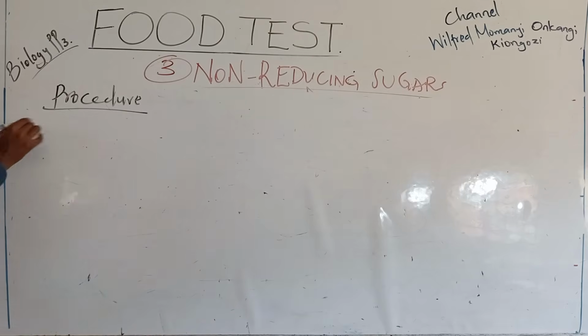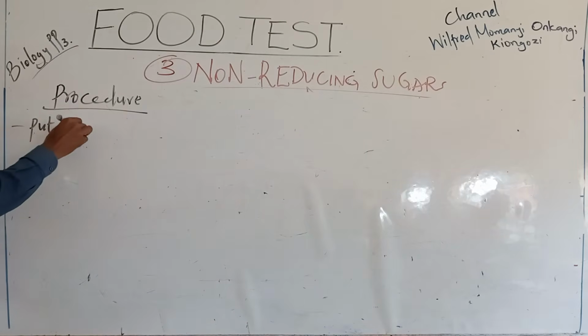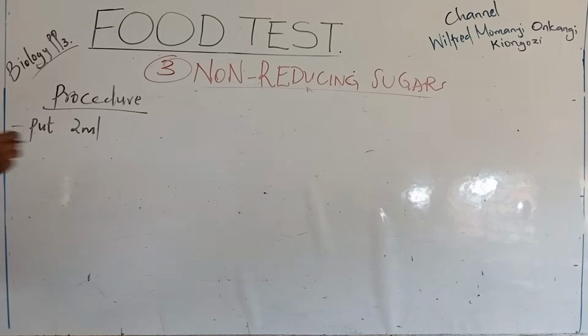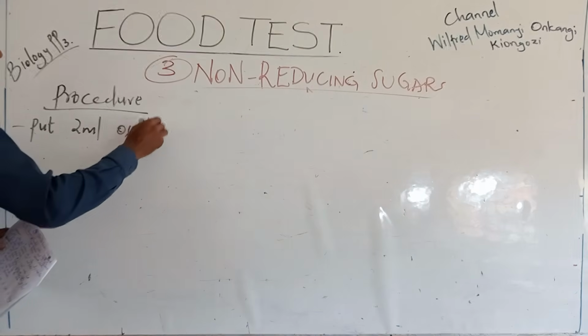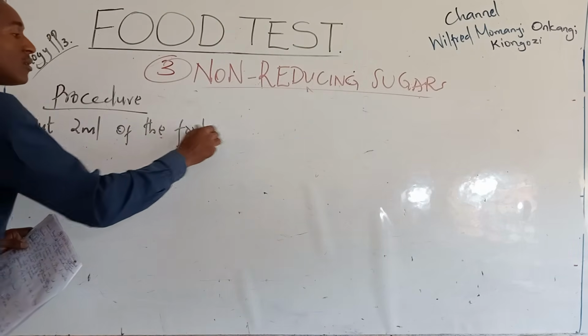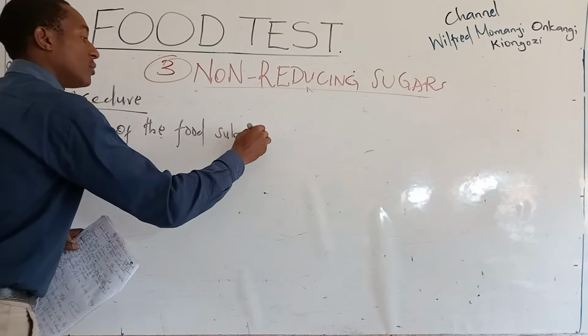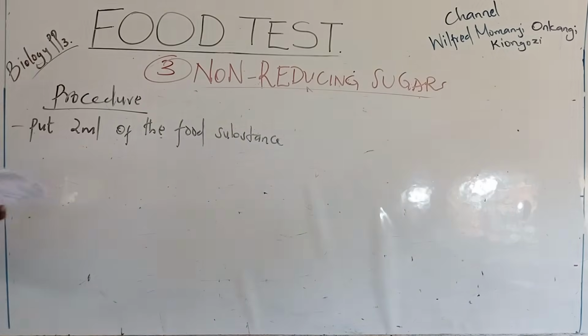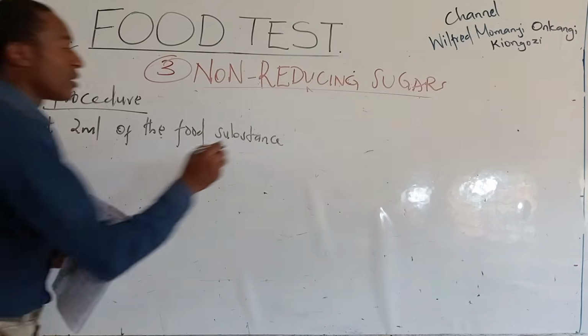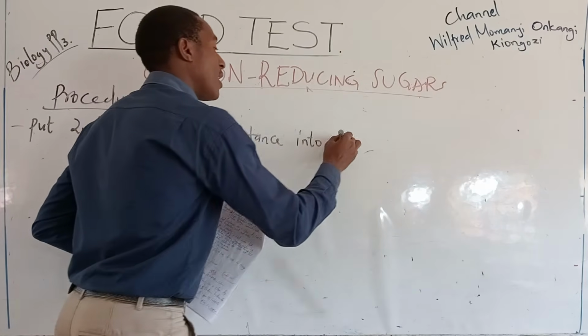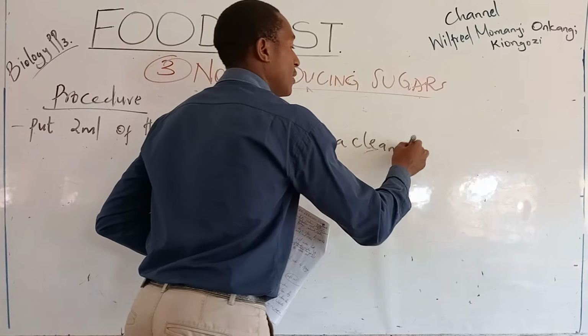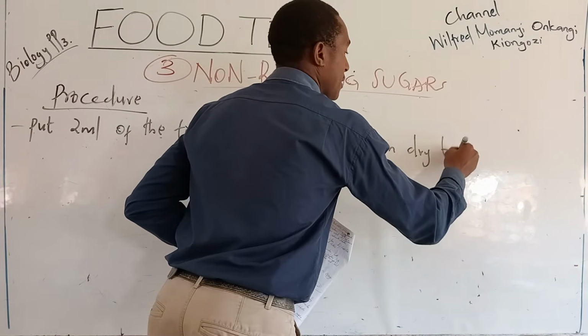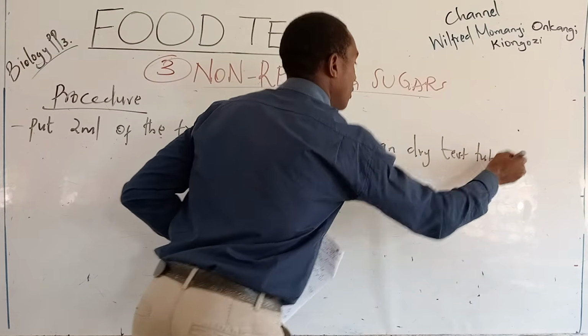Put 2 ml of the food substance into a clean, dry test tube.